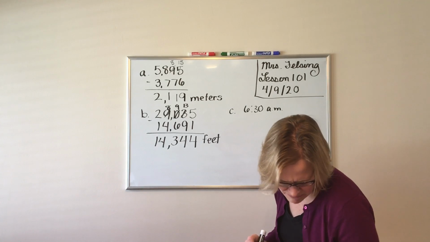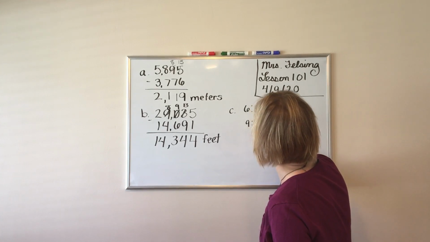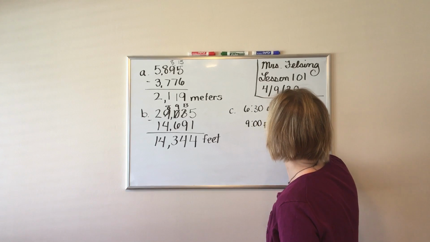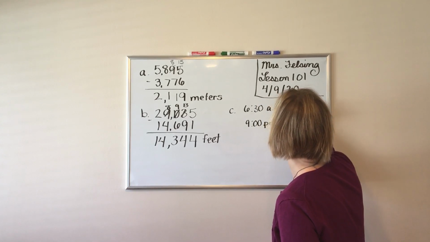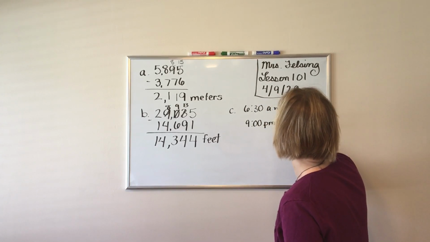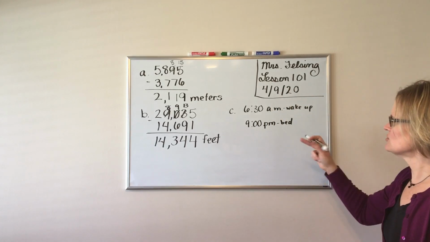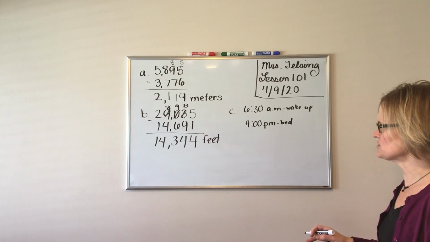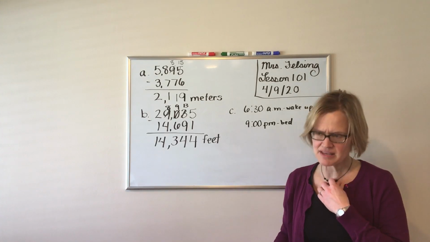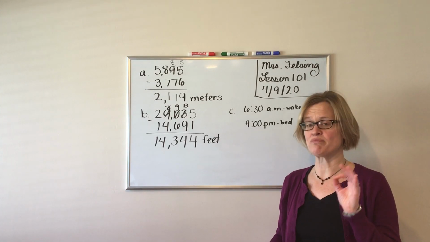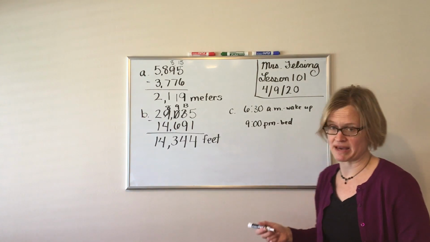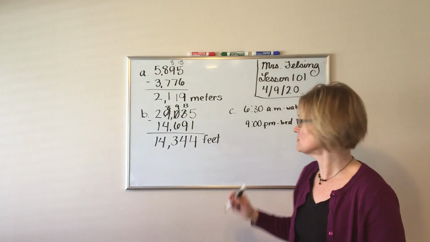She goes to bed at 9 p.m. Okay, so I'm just writing this down to keep this straight in my head. So she gets up at 6:30, she goes to bed at 9. So if they're asking how much sleep she gets, I should probably start at the time where she goes to bed. And then I'm gonna count the hours, okay?